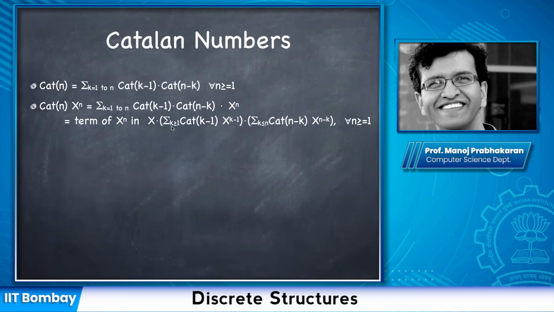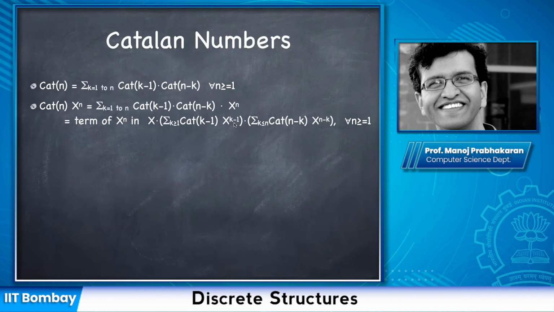So I've written it as the summation for k greater than or equal to 1, and the other summation for k less than or equal to n. Here the power is x to the power k minus 1, here x to the power n minus k. The term containing x to the power n minus 1 would be to pick for any k, the same k, the term from here and the term from here, you multiply them, you will get x to the power n minus 1. So that's the only way to get x to the power n minus 1.